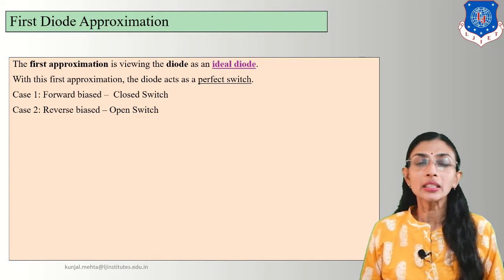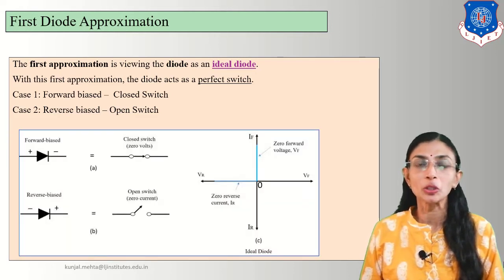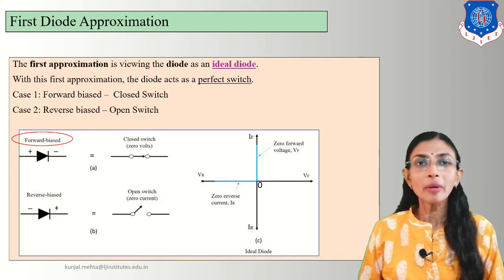So let's consider the diagram of the PN junction diode with its biasing. Look at this. This is the PN junction diode with connections for understanding the two cases. In the first case, this is the forward bias connection. That means the positive battery terminal is connected to the anode and the negative battery terminal is connected to the cathode.